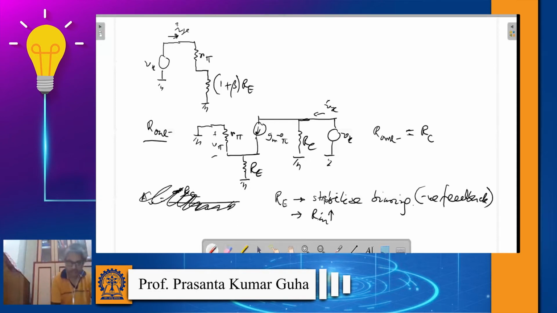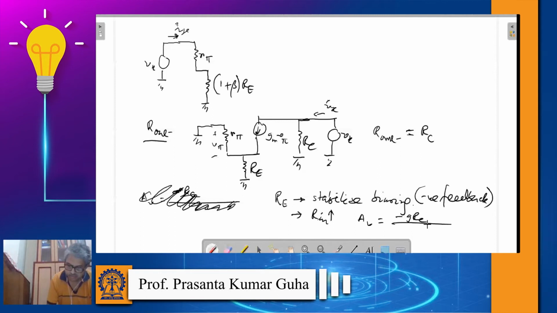However, what this RE does, RE reduces the gain. You see, RE reduces the gain. So original gain was minus GMRC.